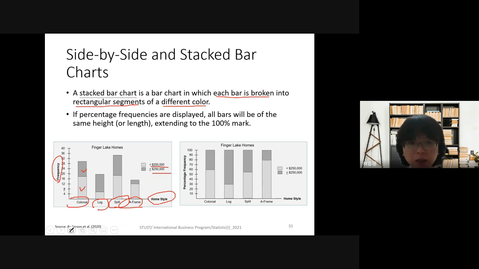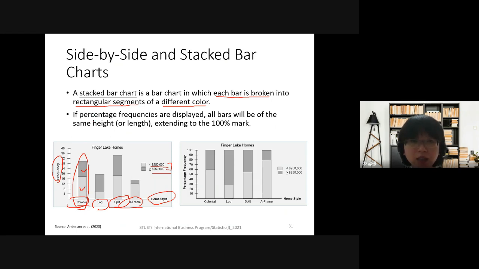So here you will find through the different baht, the total baht, yes, they are the type colonial, but at different price levels. Then you will find the frequency of it. So you can find it from the stacked bar chart, because each bar will be broken into different rectangle segments.